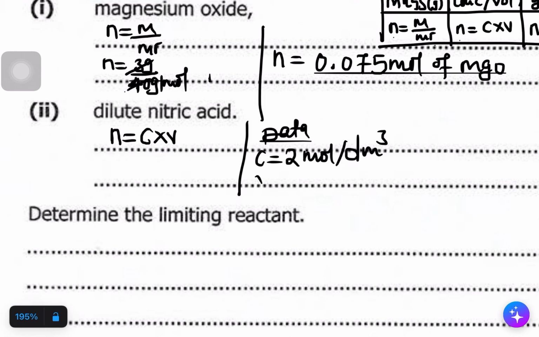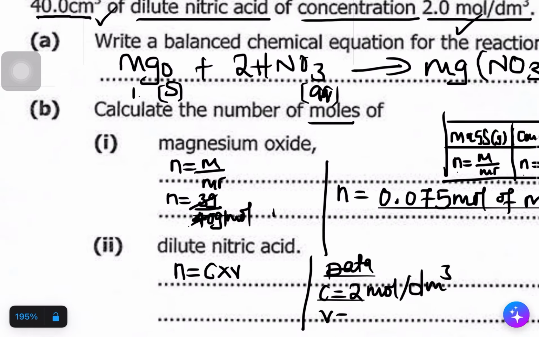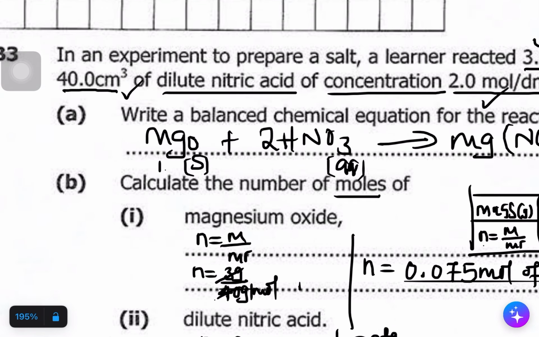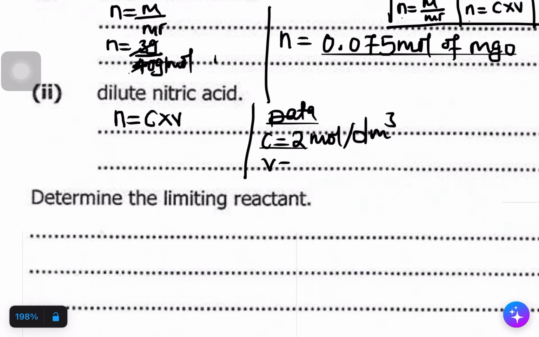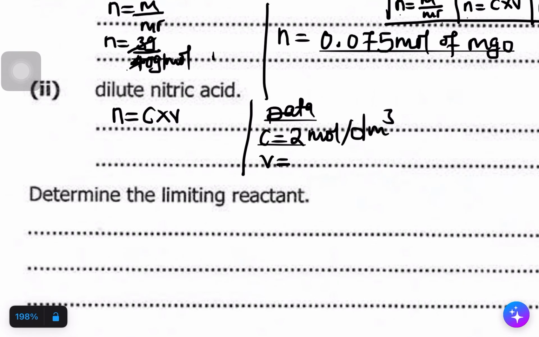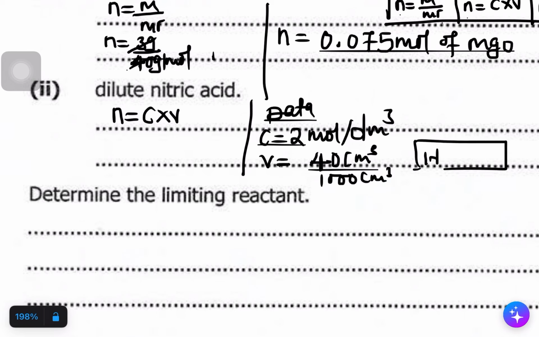And then the volume we are given is 40 centimeter cubic. Now when you're given 40 centimeter cubic, you convert that volume into dm3. You convert the volume into dm3 by stating 40 centimeter cubic divided by 1000. So we use this ratio: 1 dm3 is equivalent to 1000 centimeter cubic.